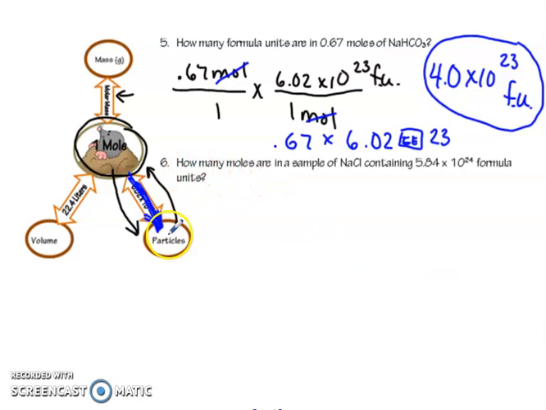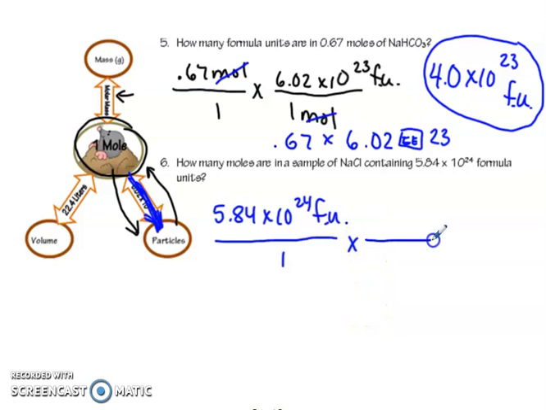Now we're going to be going from particles to moles. Okay, how many moles are in a sample of NaCl containing 5.84 times 10 to the 24th formula units? So 5.84 times 10 to the 24th formula units all over 1.